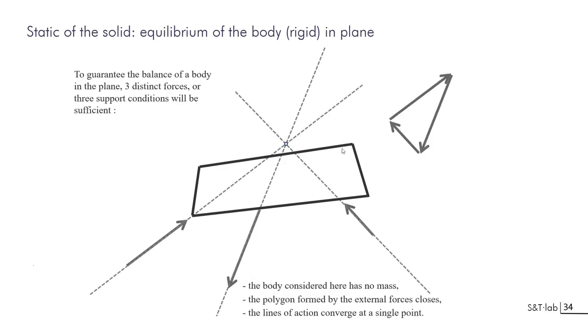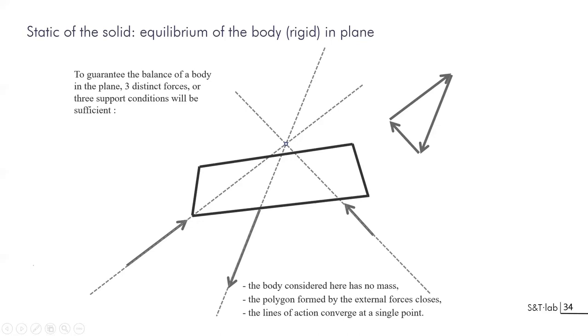As soon as you have a closed cycle here, you can demonstrate the equilibrium in translation in X and in Y. And as soon as the lines of action of the forces applied to the system converge to a unique point, you are guaranteed the rotational equilibrium.